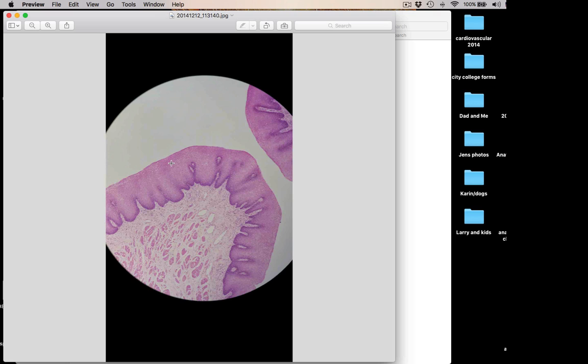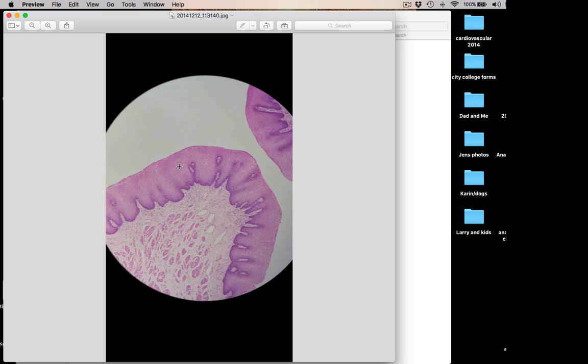The cells are just right next to each other. So lots of cells, cellularity. R, rapid regeneration. They divide rapidly. A, avascular. Avascular means there is no blood flow through epithelial tissue.